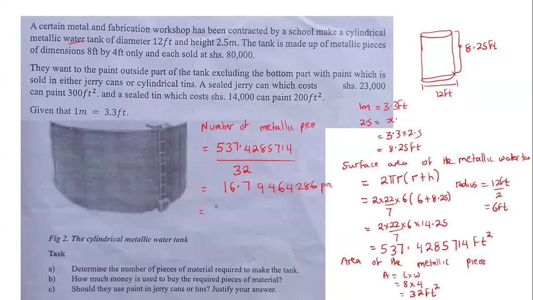Here we could approximate and say these are 17 pieces. Remember you have to respond: the number of pieces of the material required to make the tank are 17 pieces. So that's how you can make your conclusion.